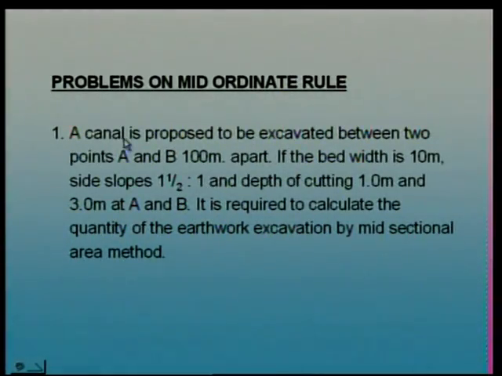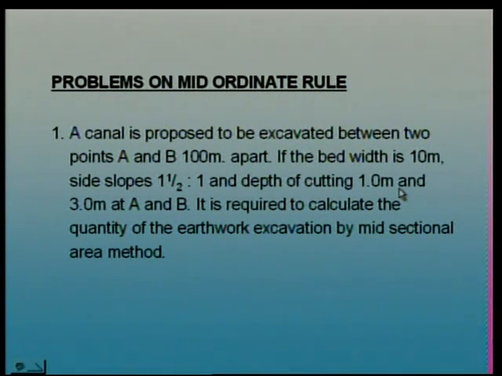Let us take a simple problem. A canal is proposed to be excavated between two points A and B, 100 meters apart. That is, the distance between the two points A and B, L, is given as 100 meters, and the bed width b is 10 meters. Side slopes are 1.5 to 1, that is, n is 1.5.